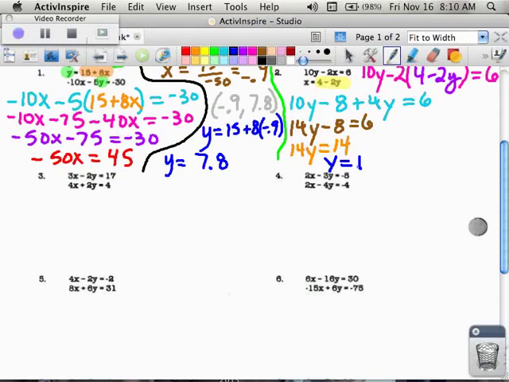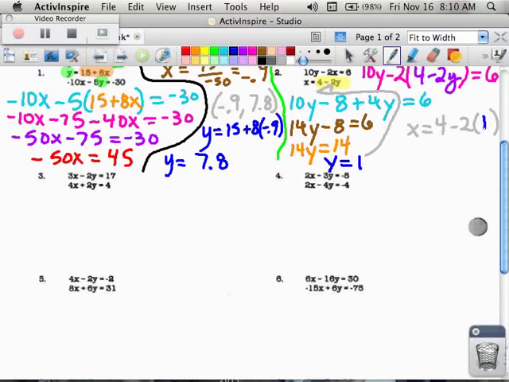But I'm not done yet, because I need to figure out what the x is. So now I take this y equals 1 value, and I shove that back into my equation over here for the y. When I do that, I get that my x value is going to be equal to 4 minus 2 times that y value that was a 1.